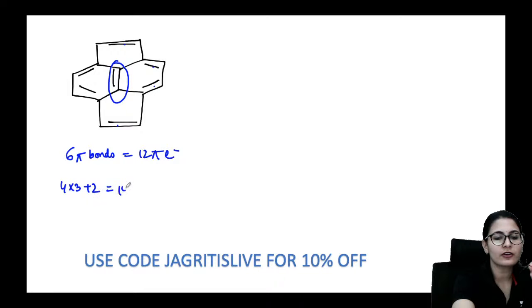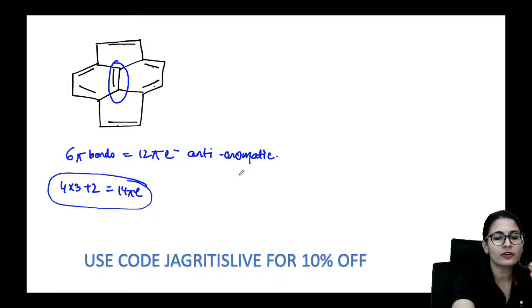This is going to be 14 pi electron. मतलब कि ये क्या हो जाना चाहिए? This should be anti-aromatic. Yes, it should be anti-aromatic.